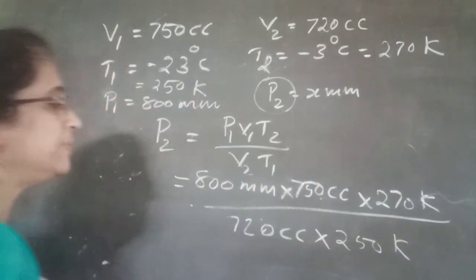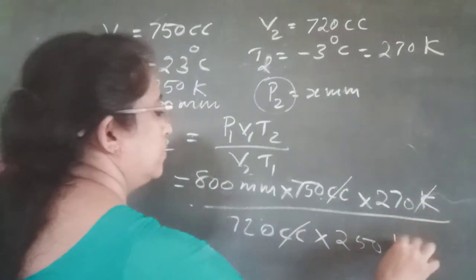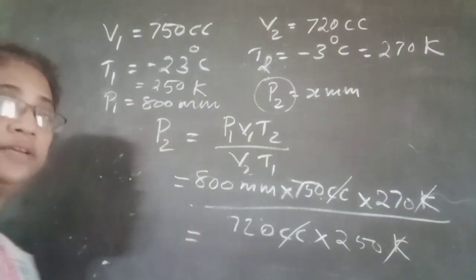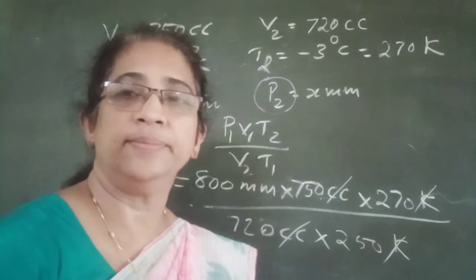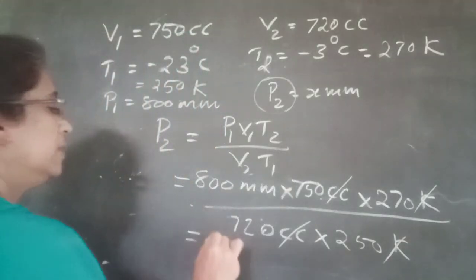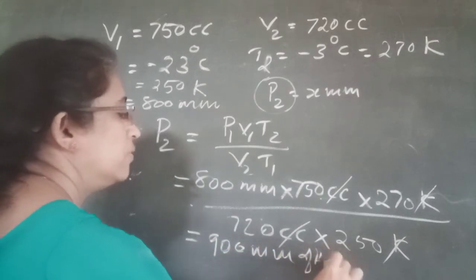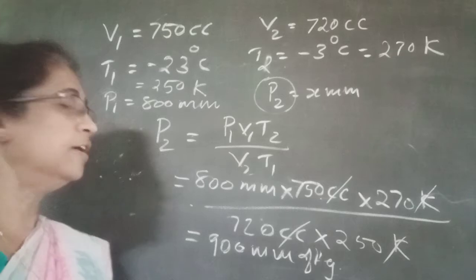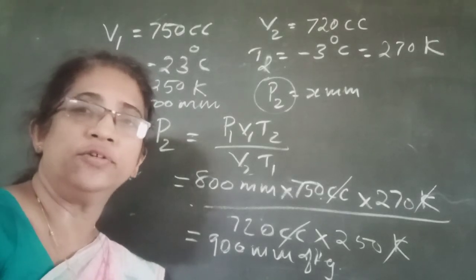Let's write the same units. On simplification, the answer is 900 millimeters of mercury. Then write the result: final pressure P2 is equal to 900 millimeters of mercury.